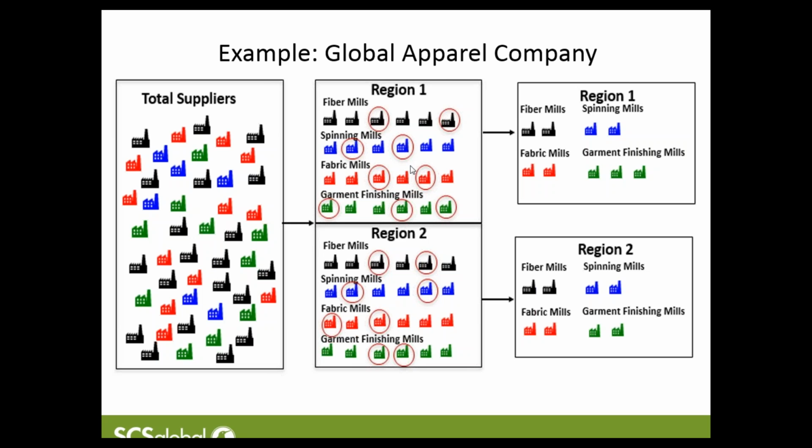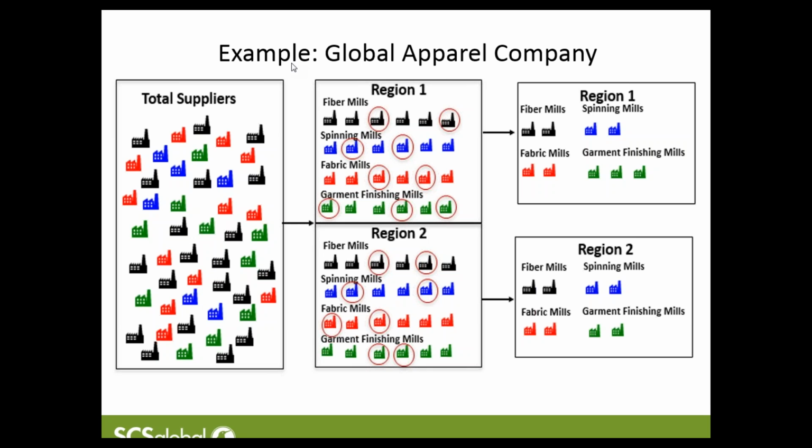Once we've done that categorization, we then focused on the major greenhouse gas contributors by spend and supply fraction to identify a small number of mills from which we were going to collect information. In this specific case, we were able to reduce the number of suppliers that we needed to collect data from, from something like 80 or 100 suppliers in total, to just 5 suppliers, and still be able to have a really strong level of accuracy.